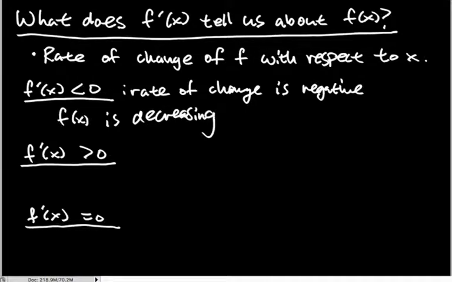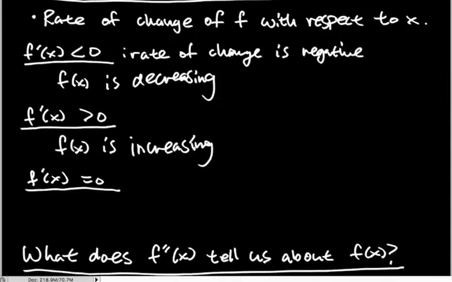So what about if f prime is positive? Then similar thing, except obviously the rate of change is positive, so it's changing in a positive way, right? So that means f of x is increasing. So that's pretty clear, opposite behaviors.